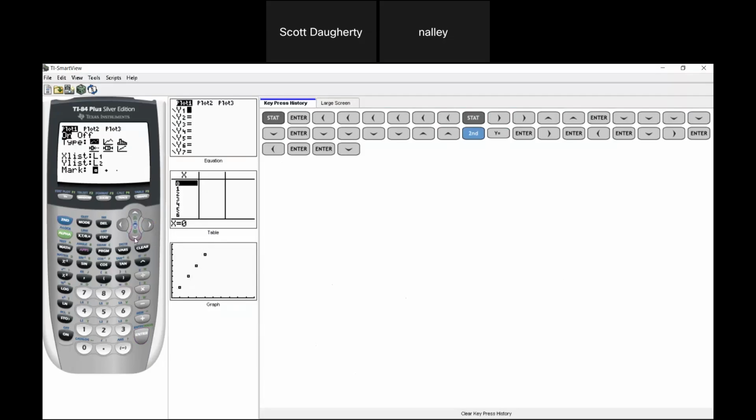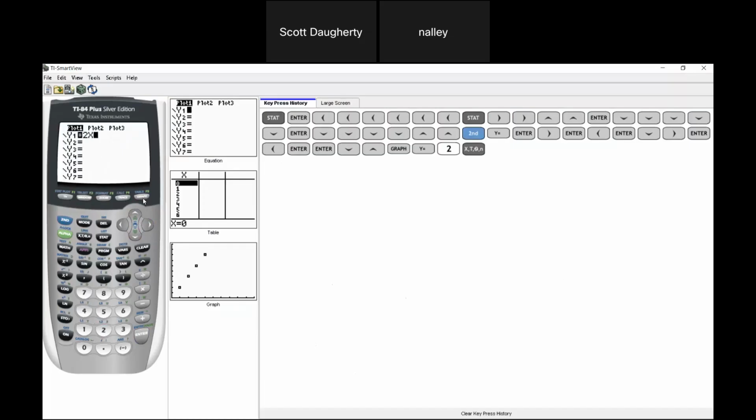The way you want to check and make sure that this is correct: X is L1, Y is L2, and then just pick whatever mark you want, and that'll give you the scatter plot. Then I'm going to go to Y equals. Of course, you could graph this, put it up here if you want. Just press graph. Then I'm going to go to Y equals, this button over here, and type in the regression line that we just found, 2x.